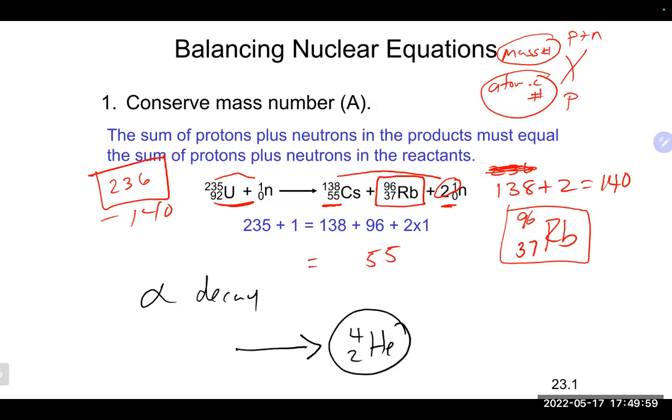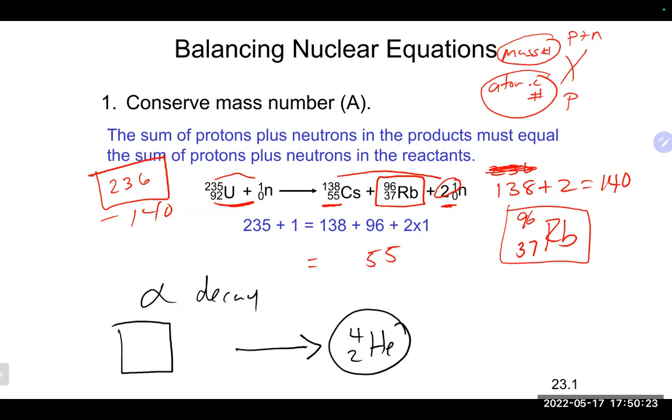So if anything goes through any type of decay, they will typically tell you what type of decay, like alpha decay, beta decay, positron emission, something like that. Those particles will end up on the right-hand side. Your original guy will end up on the left-hand side, and then you could proceed to figure out what the new isotope would be on the other side.